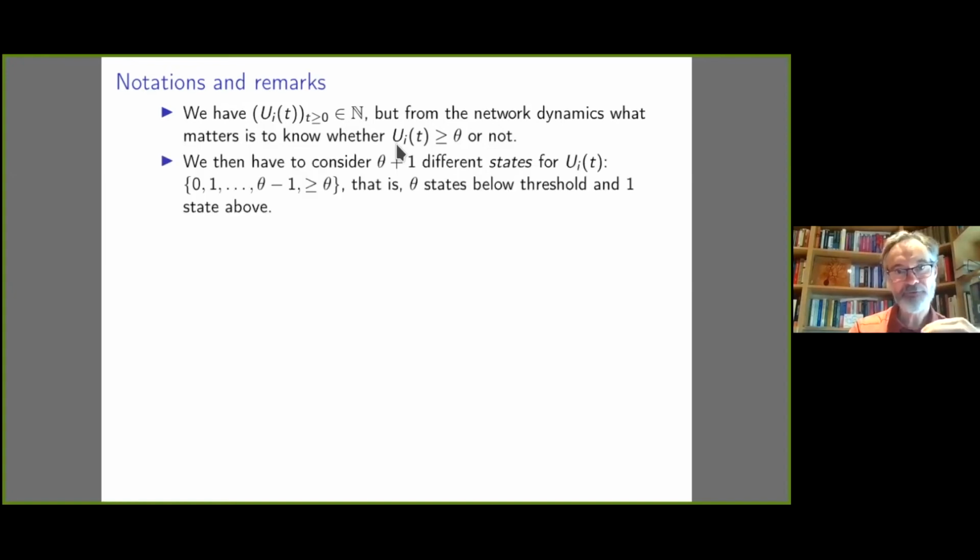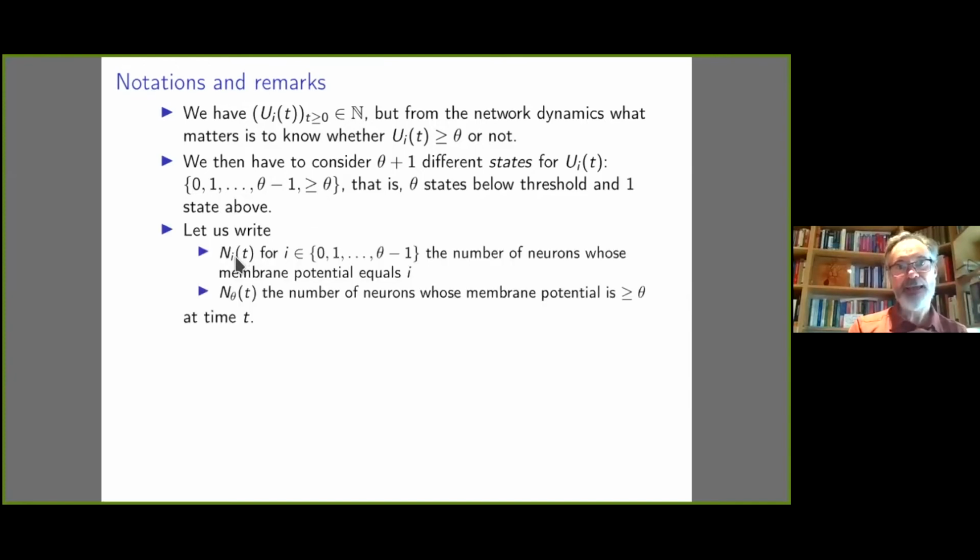So in fact, I just have to keep track of theta plus 1 different states, 0, 1, up to theta minus 1, and then equal or above theta. So I will write Ni, with i equals 0, 1, up to theta minus 1, the number of neurons in the state i, and N theta, the number of neurons whose membrane potential is theta or above.